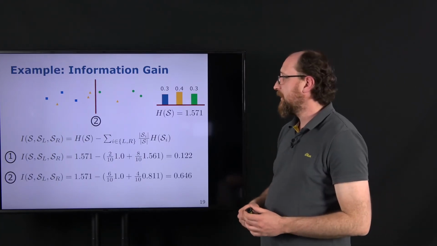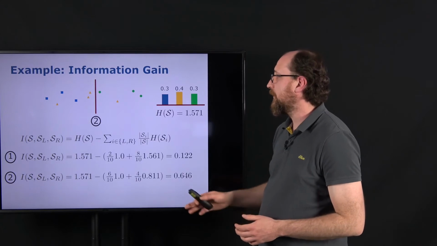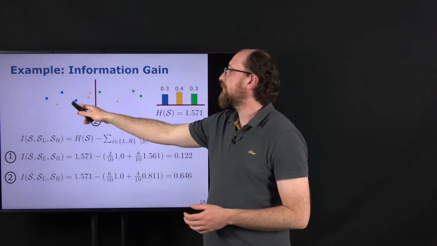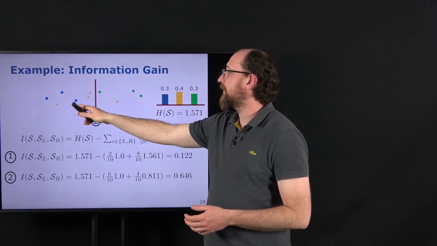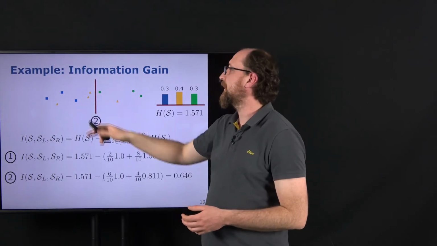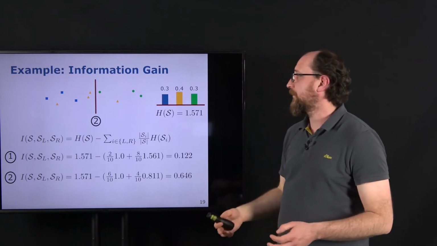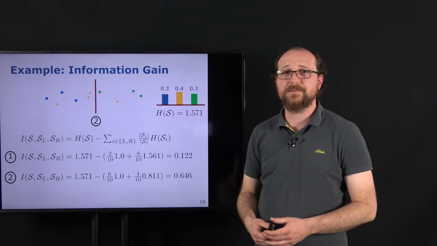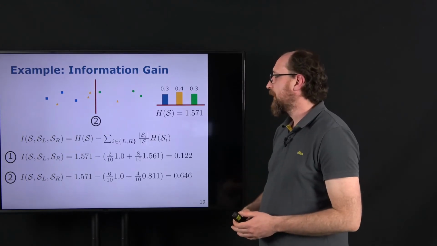In this case, the set on the left side has again 3 points from the blue class and 3 points from the yellow class. Not surprisingly, the entropy is the same as before because we have just the same distribution there.